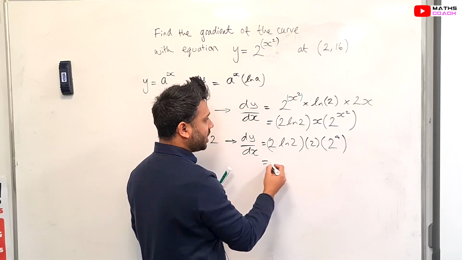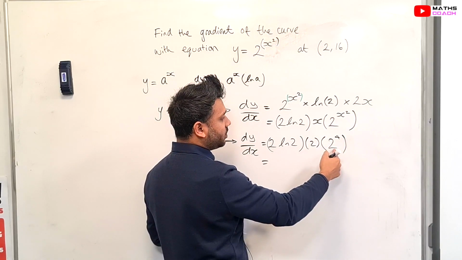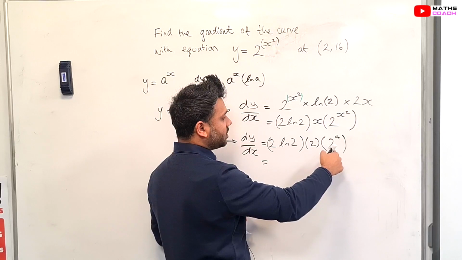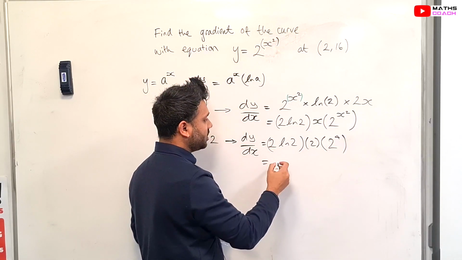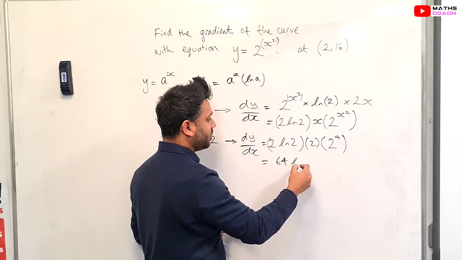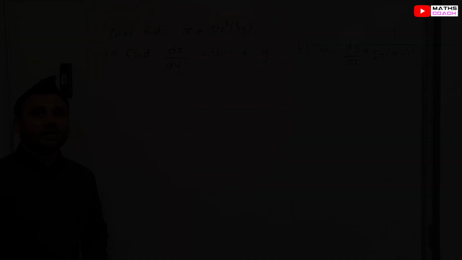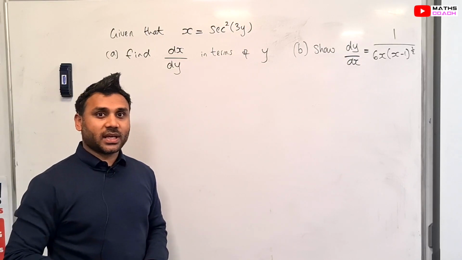And now we have 2 to the power 4, which gives you 16, 16 times 2 is 32, and 32 times 2 is 64 ln 2.